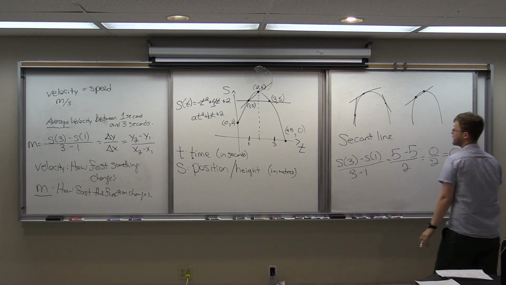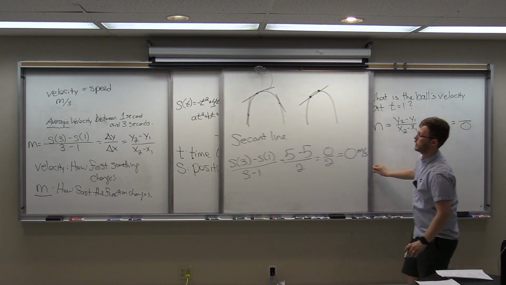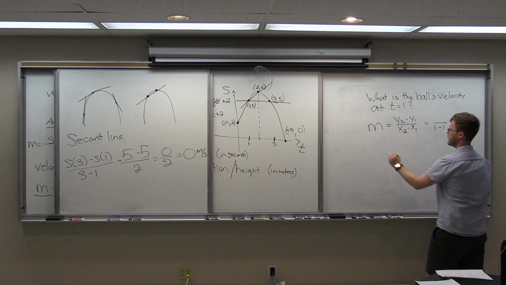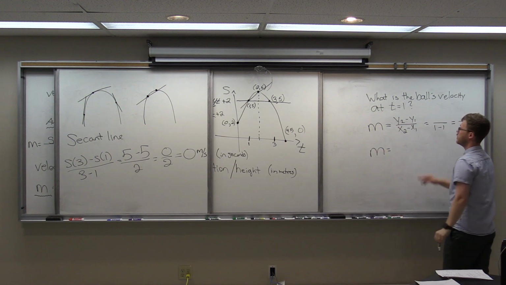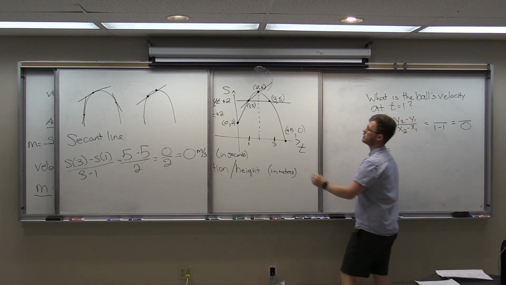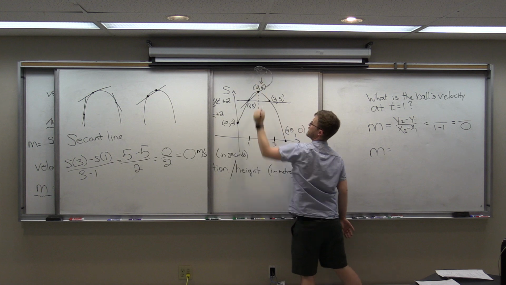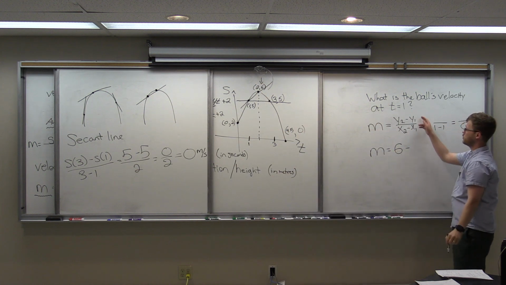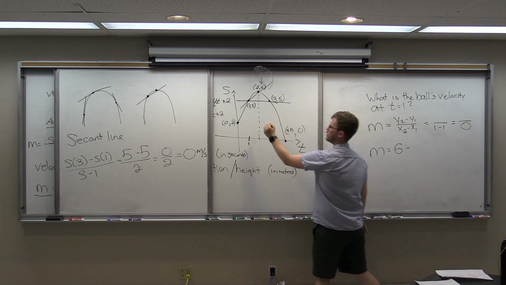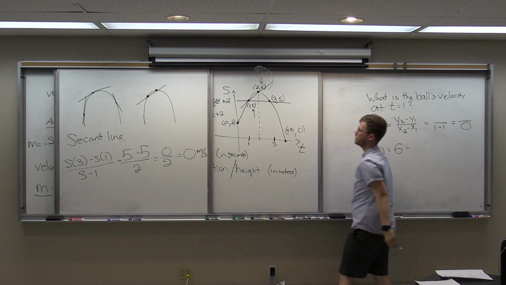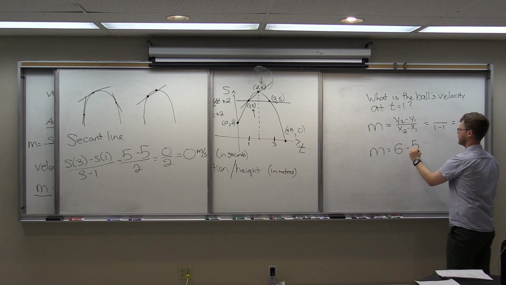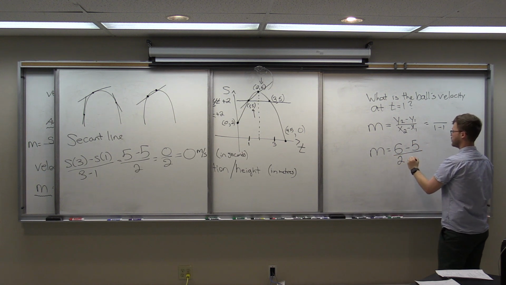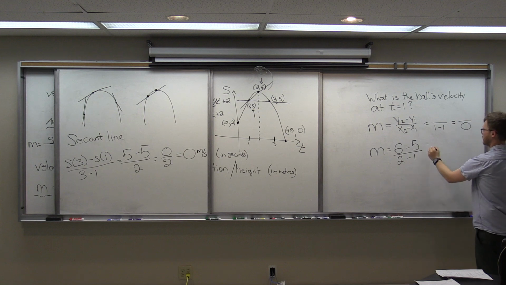I'm going to use the exact same formula. M is equal to y2, which is this s value, 6, minus y1, which is this s value, 5, divided by x2 minus x1, which is 2 minus 1.